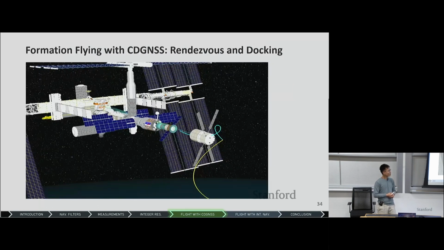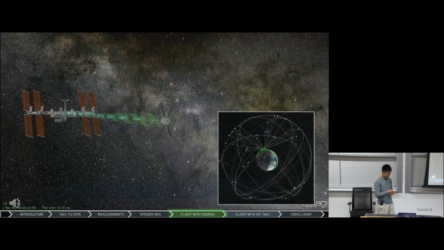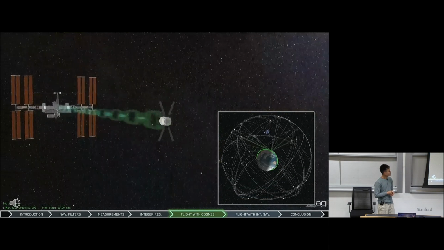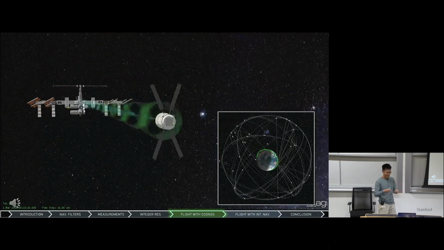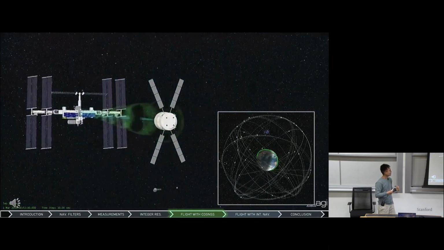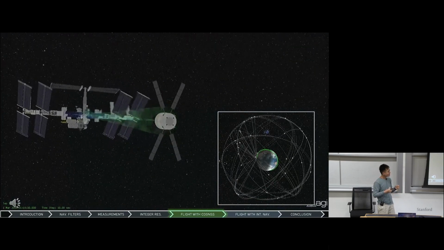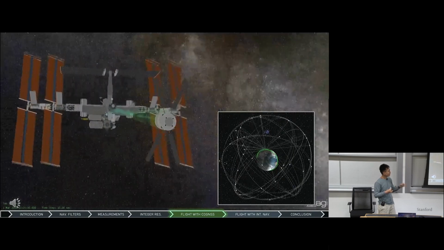We have also tried running digital, at least software in the loop, for a rendezvous and proximity operations scenario with, this is with Blue Origin. So we have also Galactic Civilizations. We have, I think this is one of the ESA spacecraft.